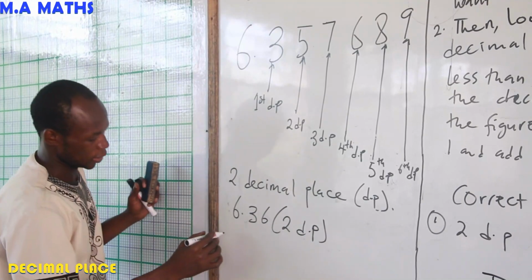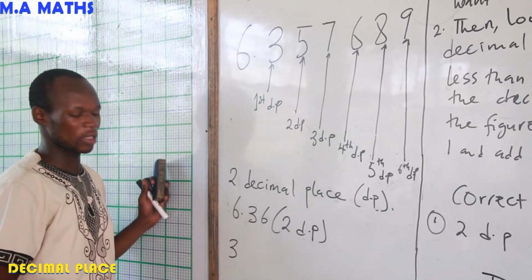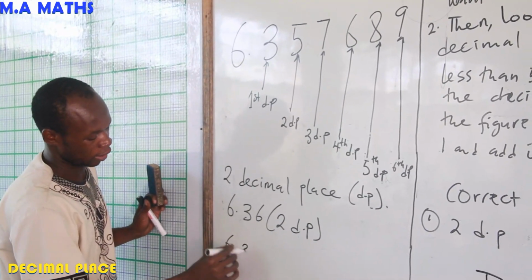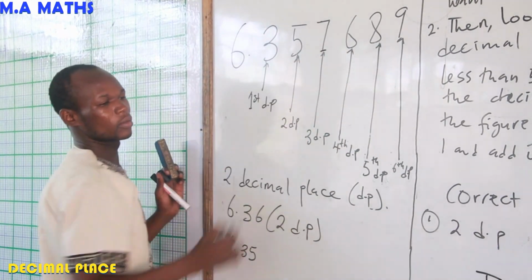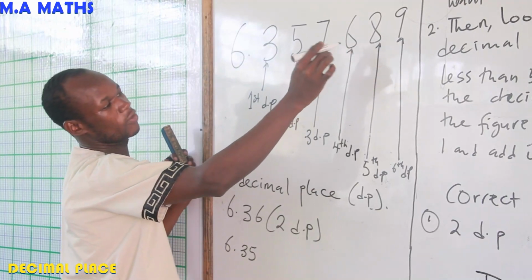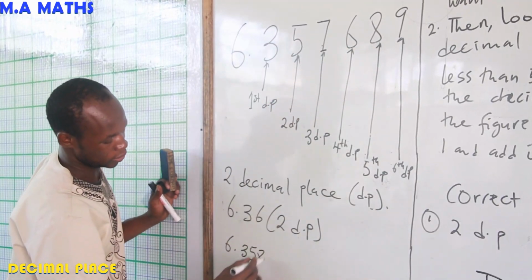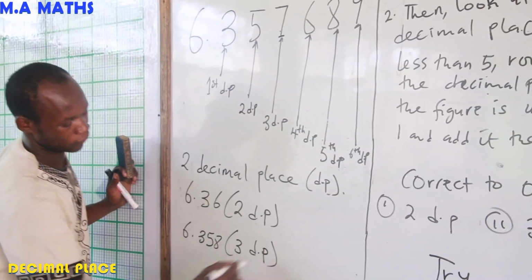So let's look at 3 decimal places. 3 decimal places will give us 6.3, 5, and the next one is 7. The next number is 6, which is more than 5. We round 6 to 1 and add it to 7, which gives us 8. So we have 3 decimal places.